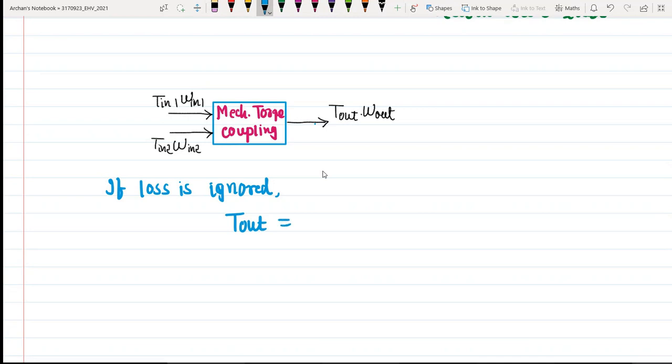It is nothing but the summation of the two input torques. Okay. So first one is, let us say, K1 T in 1 plus K2 T in 2. Okay. This will be the equation of the torque. And what about the speed?